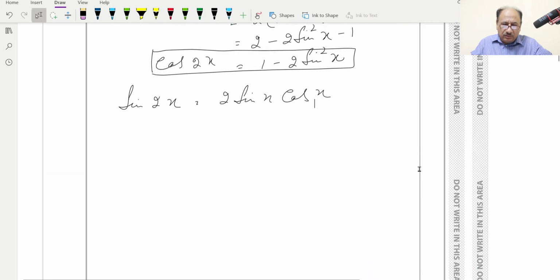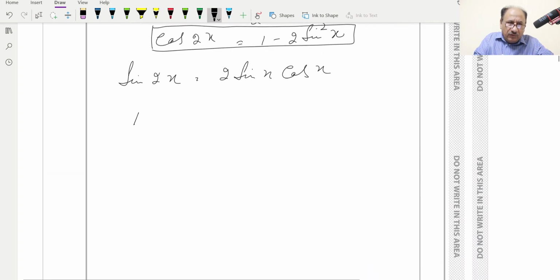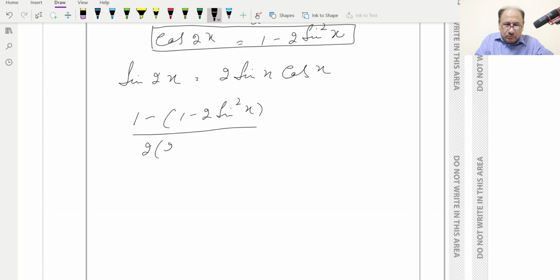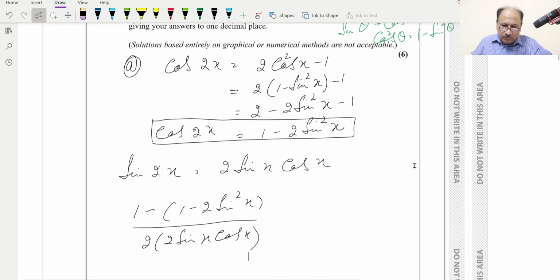So we can write 1 minus (1 minus 2 sine square x) divided by 2 sine x cos x times 2. So we have replaced sine 2x by this one.